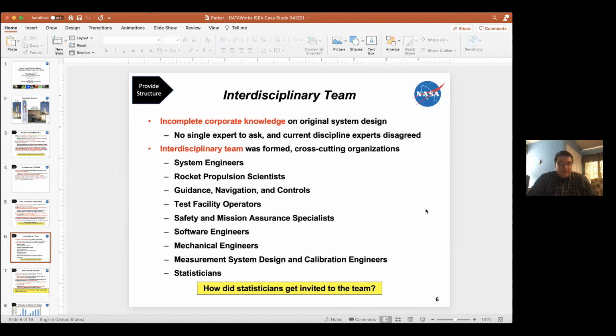I think this is a really good lesson learned, particularly for this DataWorks community, where we have a lot of deep subject matter experts who have the ability to sit at the table and bring statistical thinking, statistical tools, and a statistical engineering perspective to the problem solving. And one of the lessons learned, and I'll talk about it later, is that in the future, statisticians were invited to the team.